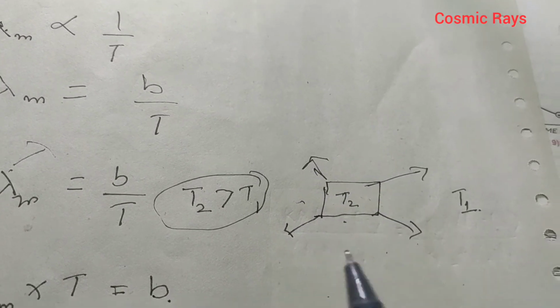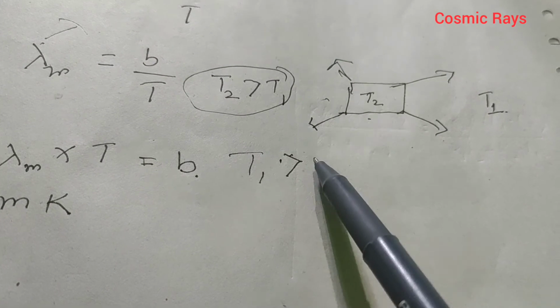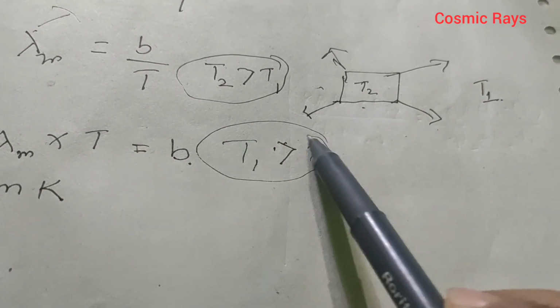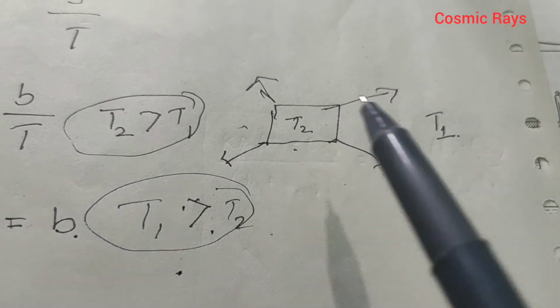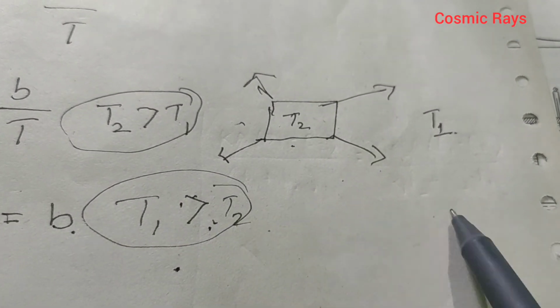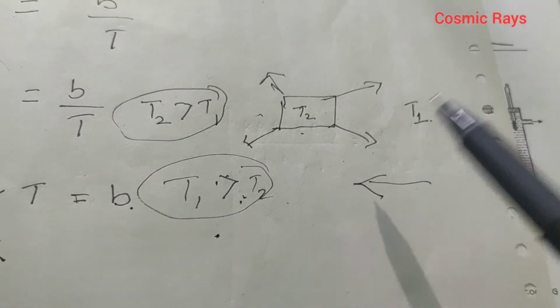Or if we say that T1 is greater than T2, that means the surrounding has got more energy than the body, then in this case there will be absorption of energy by the body from the surrounding.